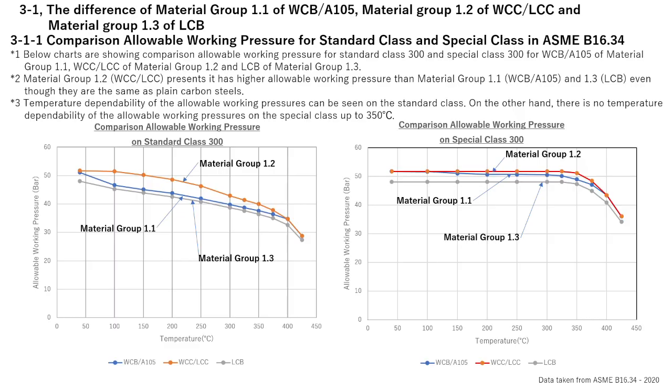Material group 1.2 allowable working pressure still indicates a constant value up to 350 degrees Celsius.